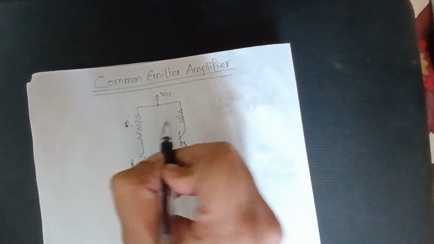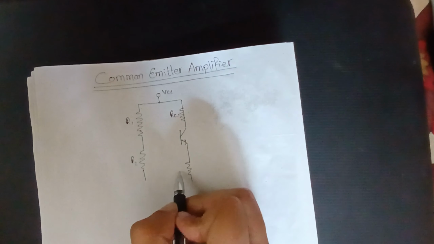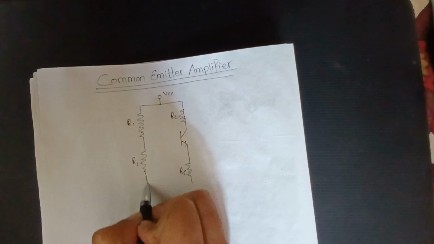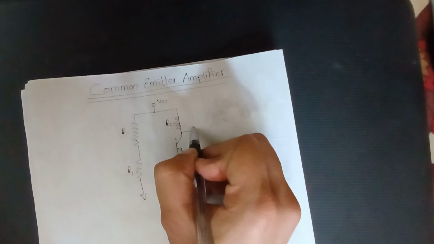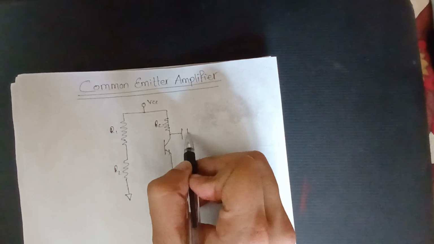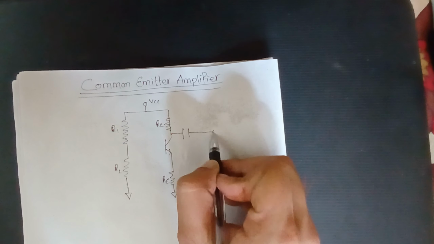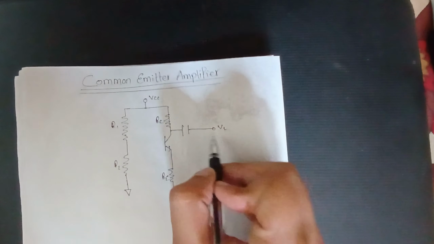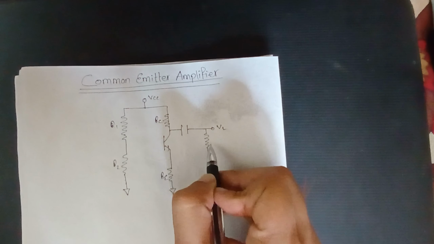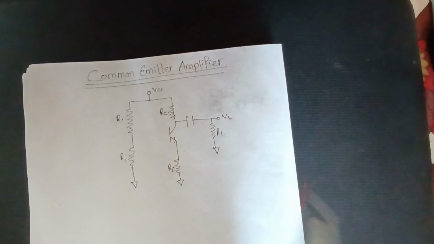The resistor at the collector is called RC and the resistor at the emitter is called RE. Both of them are connected to the ground, and from the collector there's a capacitor that's connected to the load voltage, and there's a load resistor.